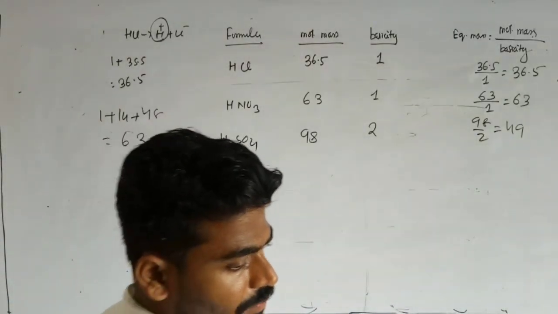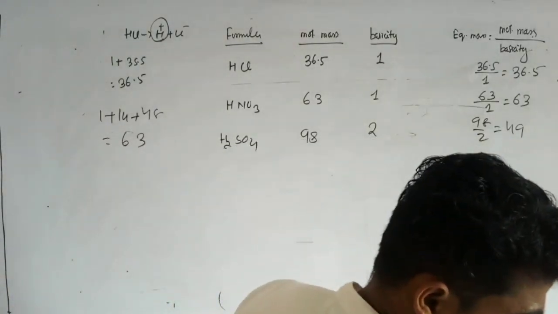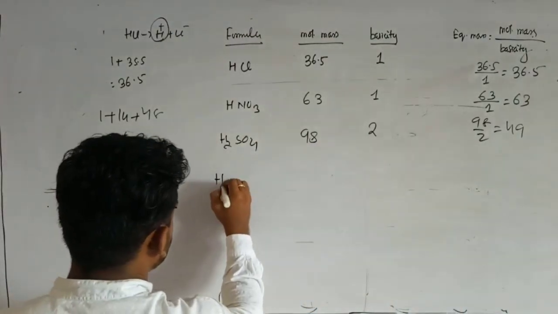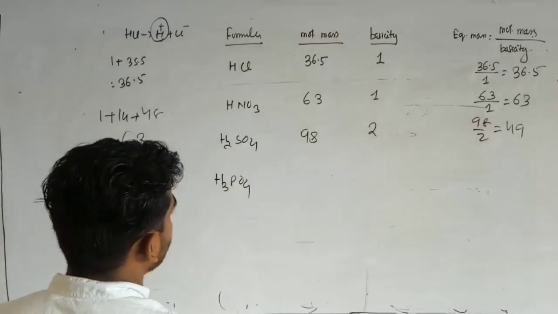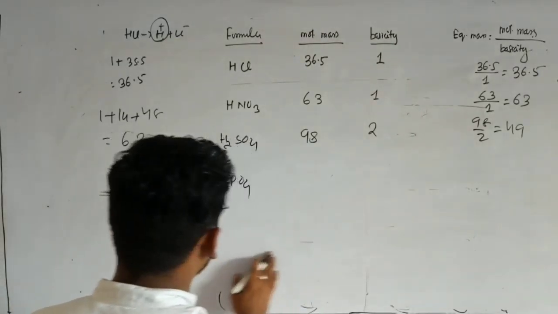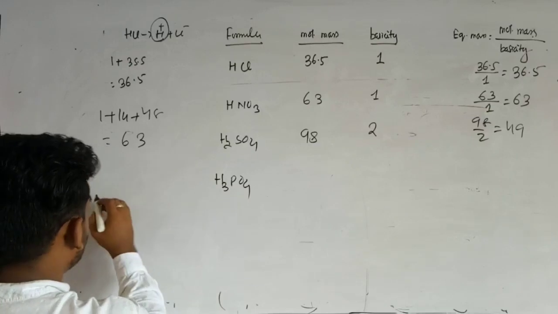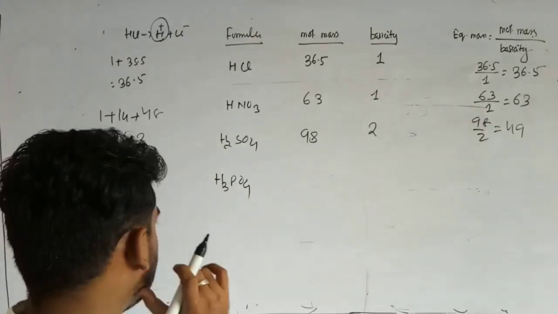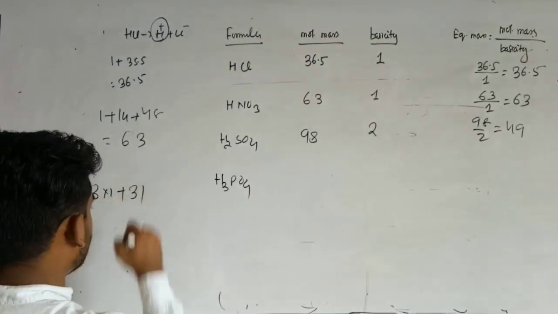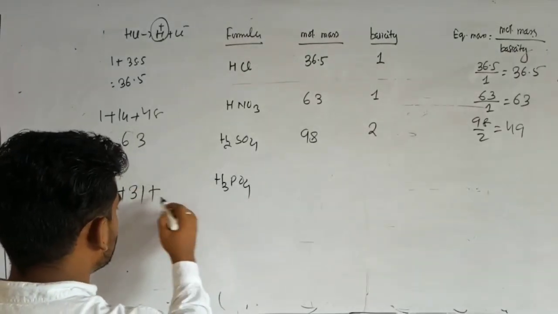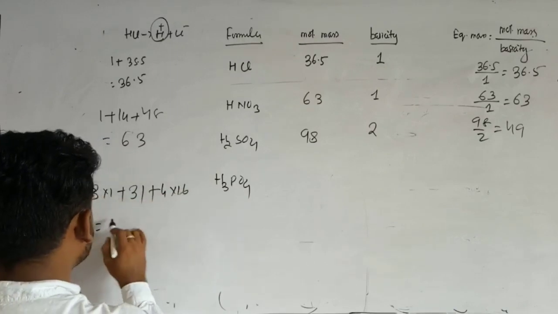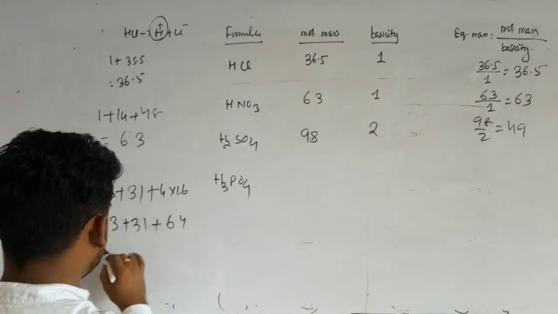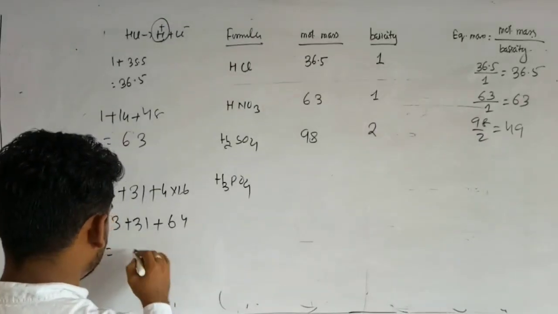Okay, next if I consider an acid, that is phosphoric acid, H3PO4. Let me calculate its molecular weight: for 3 hydrogen, 3 into 1, plus phosphorus atomic weight 31, plus 4 into 16 is 64, so 3 plus 31 plus 64 will be 98.